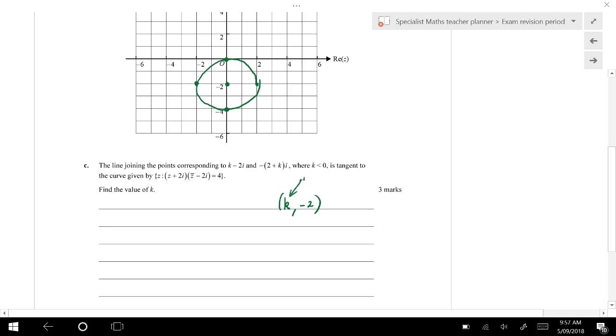That's the real and that's the imaginary part. And then we've also got another point which is minus 2 minus ki. Is there a real part? No, so it's 0 and then that's (0, -2 - k).